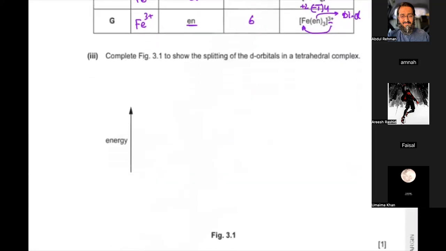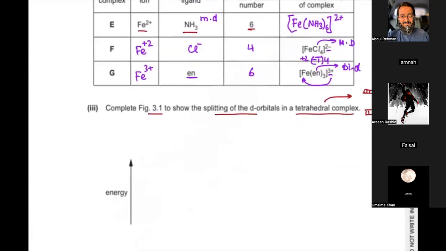Next. Complete diagram 3.1 to show the splitting of d orbitals in a tetrahedral complex. Remember, in a tetrahedral complex the splitting would be like this. If the complex is octahedral or square planar, then 2 orbitals go to the higher energy and 3 go to the lower energy.